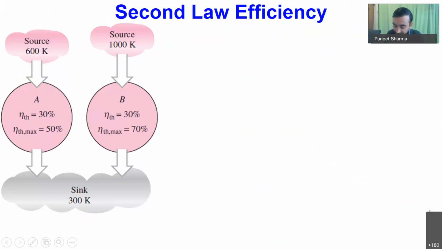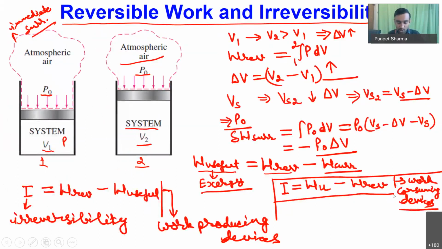This concept of surrounding work will only come into the picture when the boundary of the system is changing, because if the boundary of the system is changing, it will change the boundary of the immediate surroundings also. Then our surroundings will also have P naught into dV work.